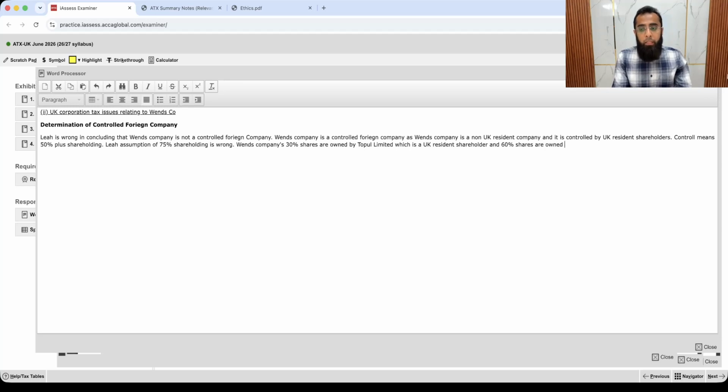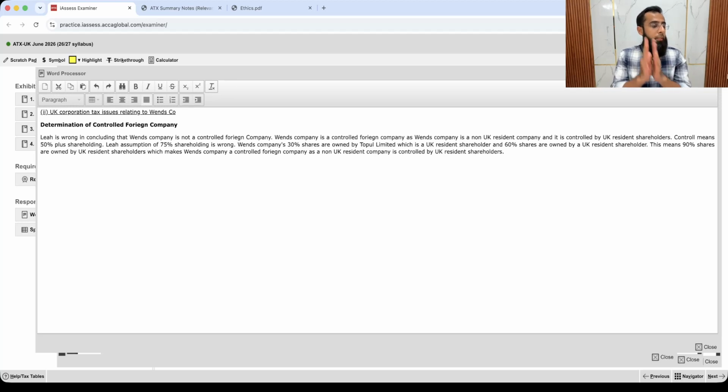This means 90% shares are owned by UK resident shareholders, which makes Vents company a controlled foreign company, as a non-UK resident company controlled by UK resident shareholders.